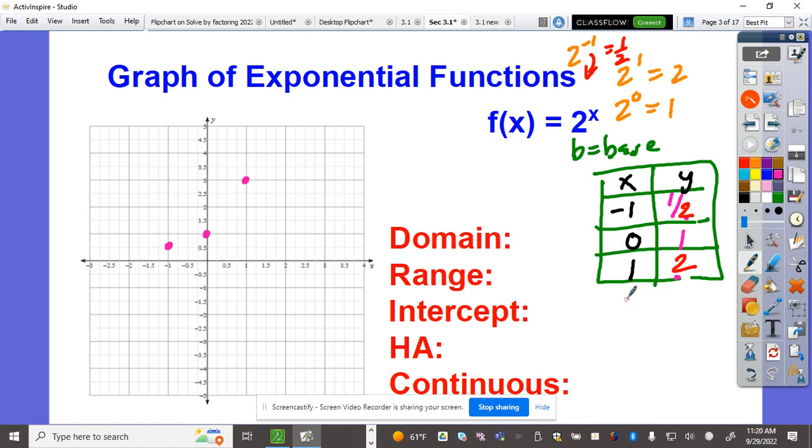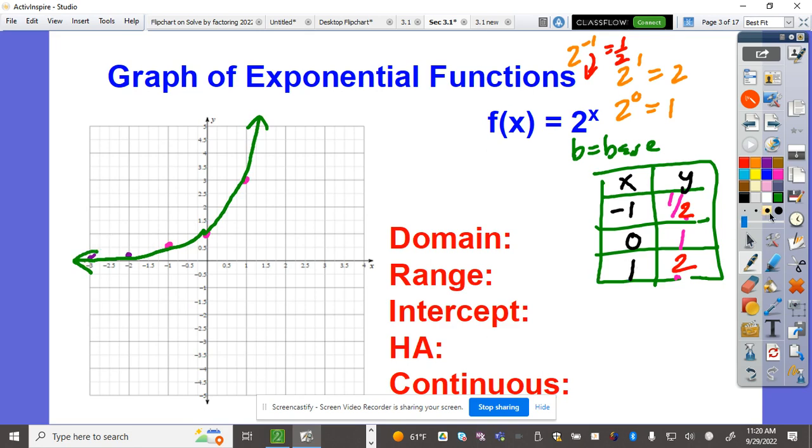If you get a bigger value of x, it goes higher. It's exponentially growing. At the same time, if you pick negative 2, it's going to go lower and lower. So what do we notice about our graph? First, this one keeps going higher, and this one keeps getting lower and closer to our asymptote.